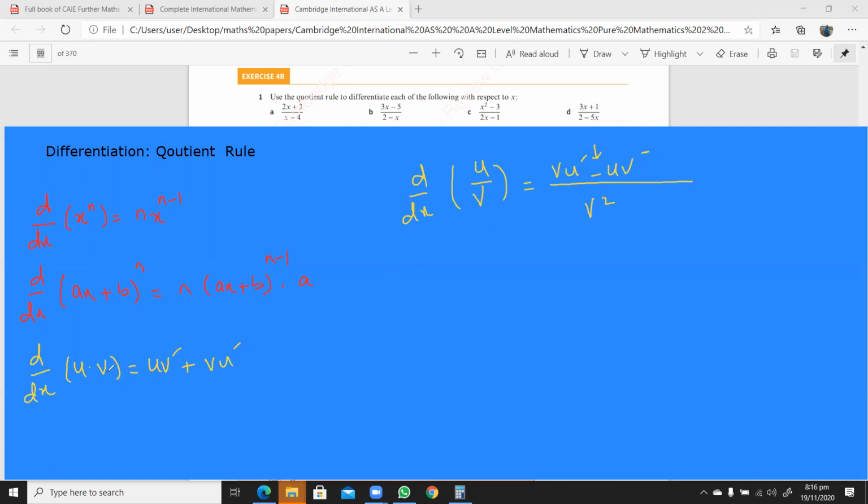When we were practicing the product rule, there was no need to worry because there was a plus sign. So if someone writes vu dash first and then uv dash, that makes no difference. But here you have to remember that this is going to be v square in the denominator and then vu dash minus uv dash.